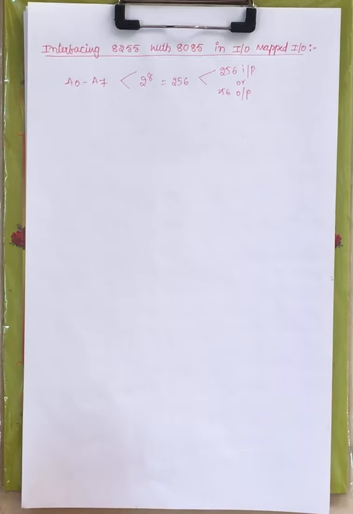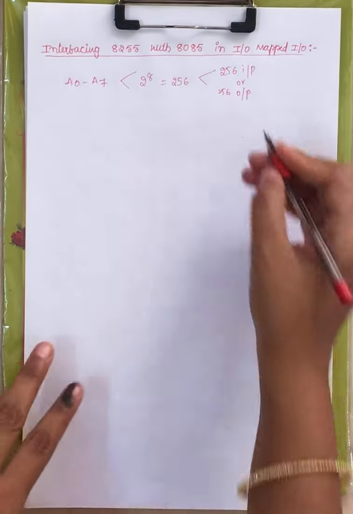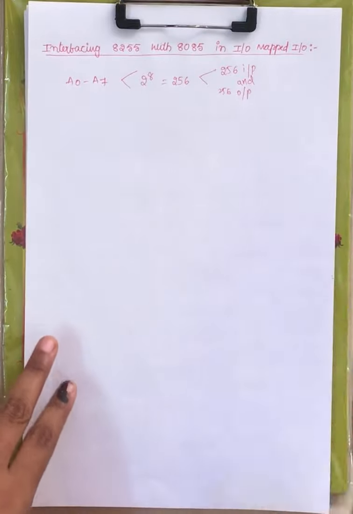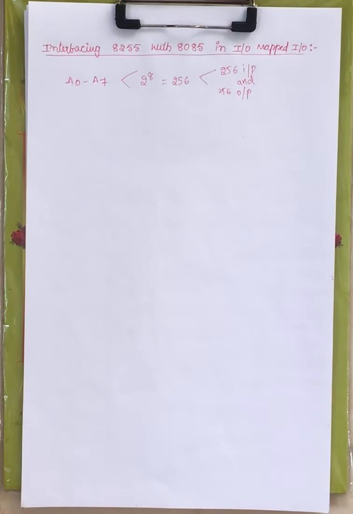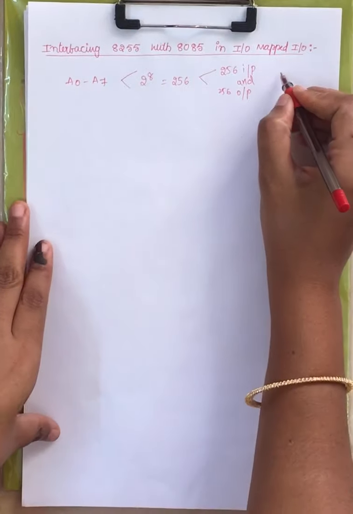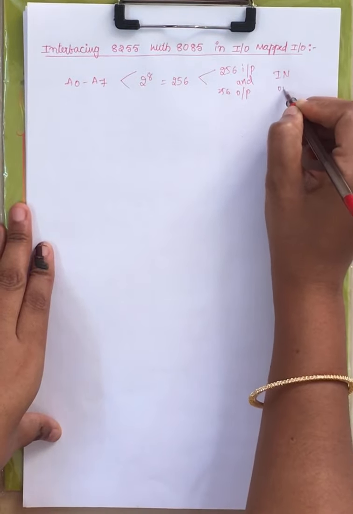Since those are 8 address lines, you can generate 2 power 8 addresses, nothing but 256 addresses. 256 input and 256 output devices are connected to your microprocessor, and those can be addressed using those generated 256 addresses.